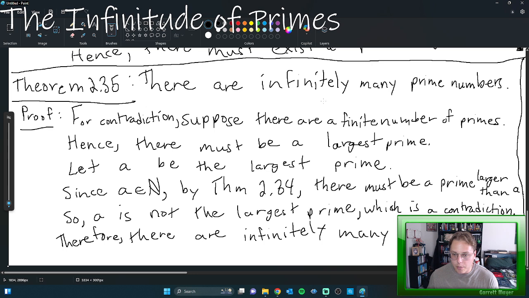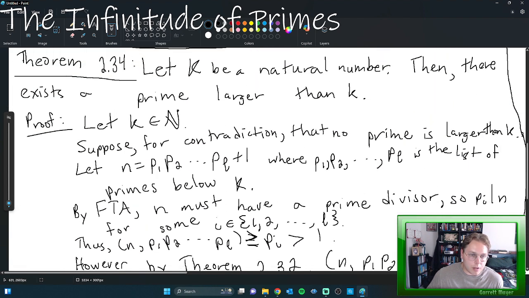Because we can generate a number that has to have a prime factorization by the fundamental theorem, but nothing in that list, based on the way that the number was generated, could be in its prime factorization. And that implies that there needs to be infinitely many prime numbers. It also helps explain why we proved the fundamental theorem first, because that was useful in showing that there must be infinitely many primes.